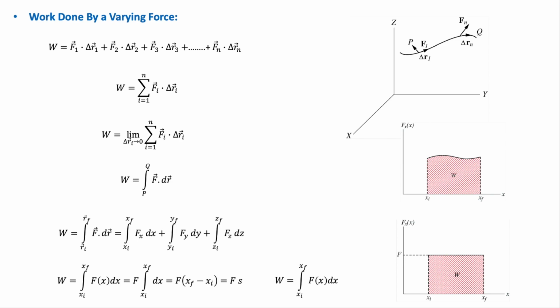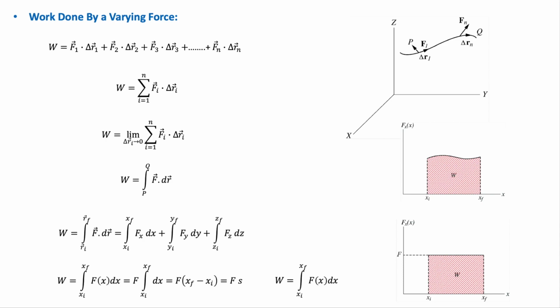So now let's divide the path into a large number of very small displacements. Each is delta Ri. Then the force can be approximated to be constant in both magnitude and direction for each displacement, okay? So for the displacement delta R1, we have F1, and for delta Rn, we have Fn.